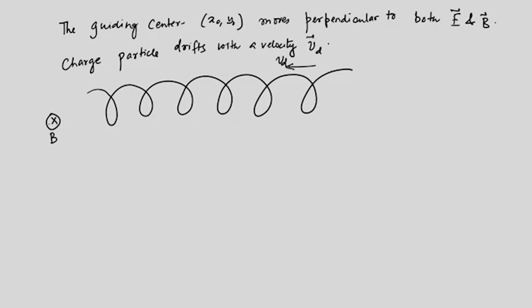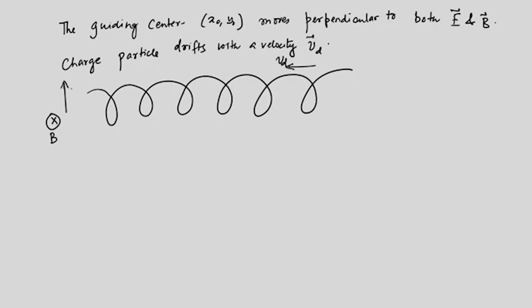This is usually represented with a cross, since the back of an arrow looks like a cross, which means it is going into the plane of the board.